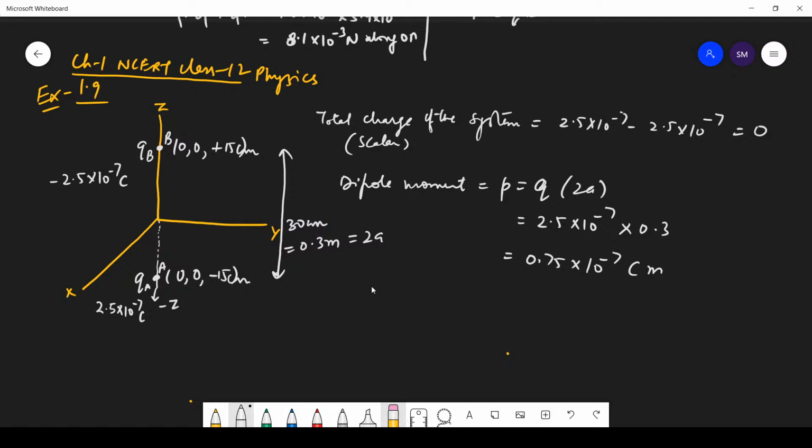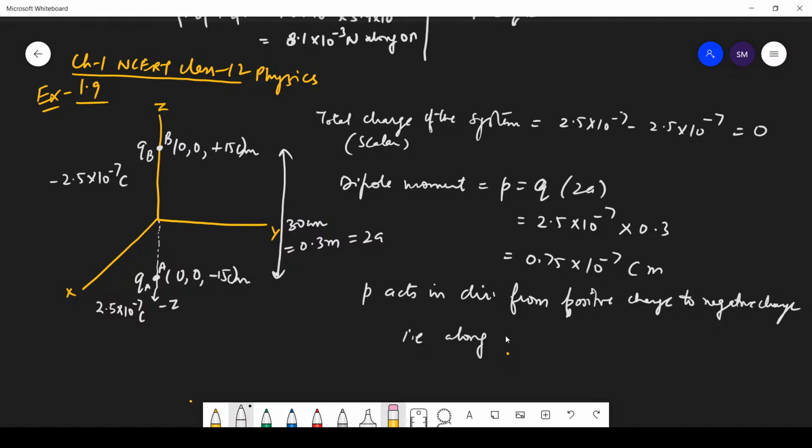The dipole moment acts in the direction from positive charge to negative charge, that is, along the negative Z axis.